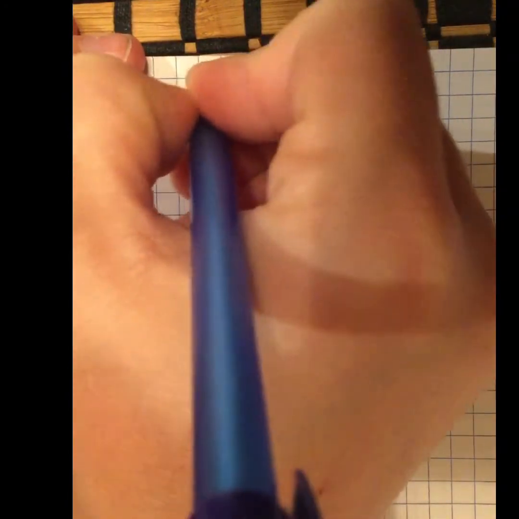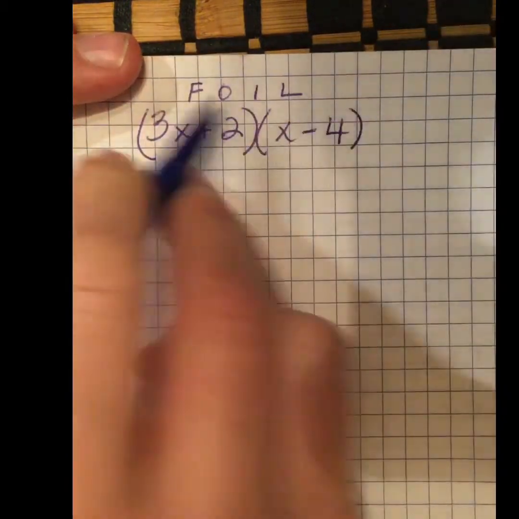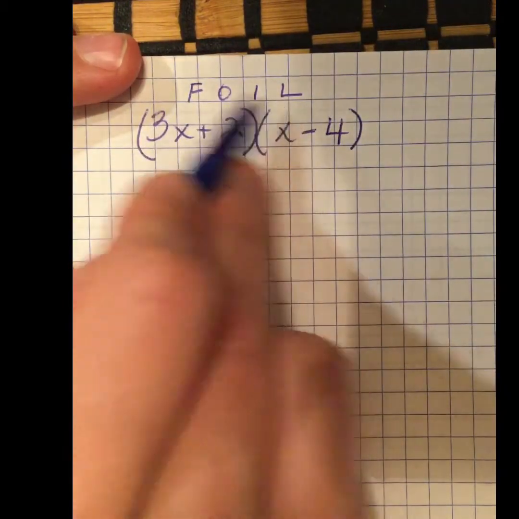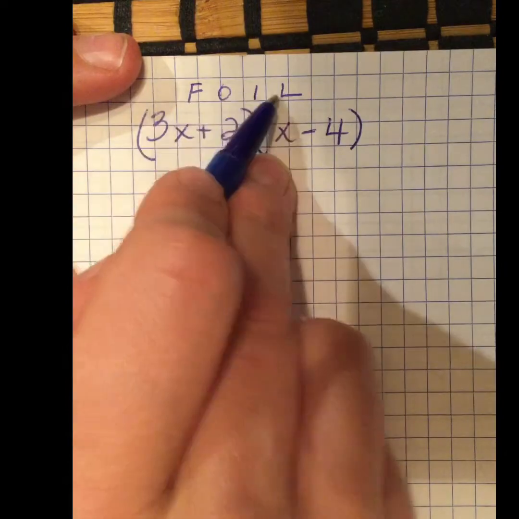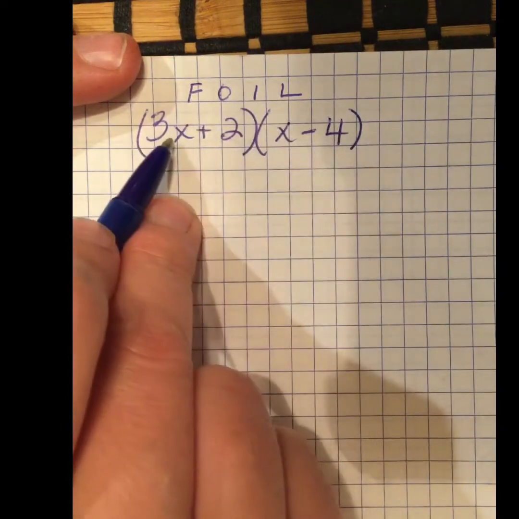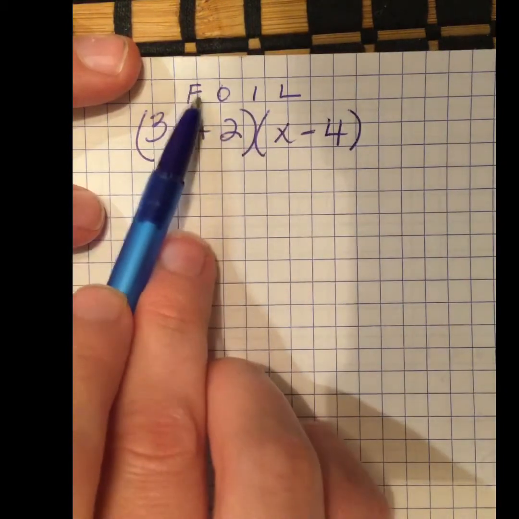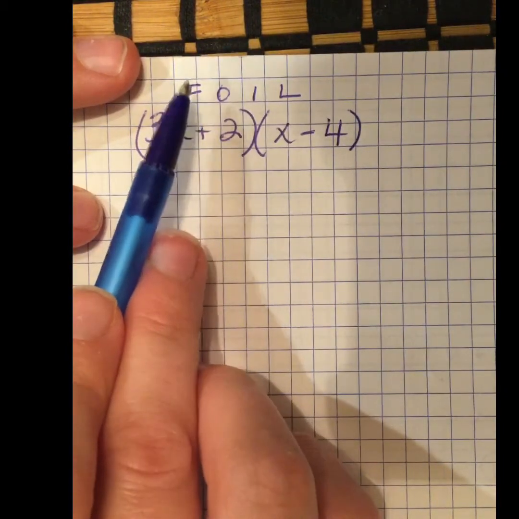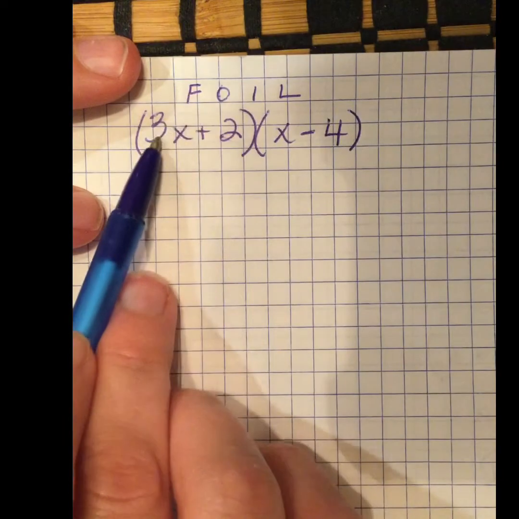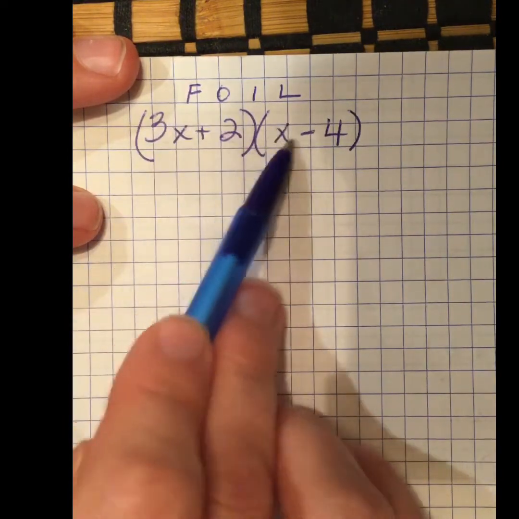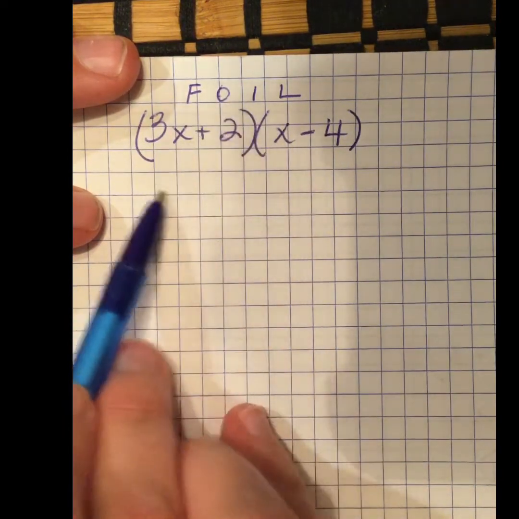I already told you that FOIL stands for first, outer, inner, last. It's basically a nice checklist so that you don't forget anything. There's a lot of multiplying going on here. So it says, first, let's multiply the first terms, the first term times the first term. Write it down.